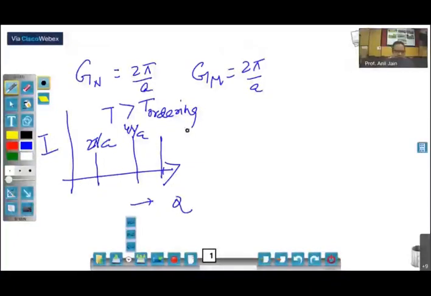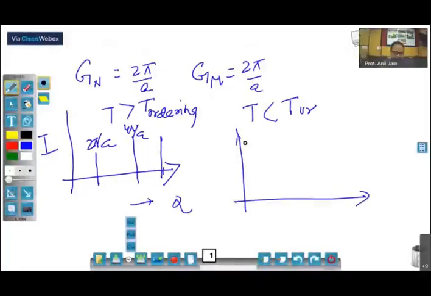Now suppose you do the experiment below this magnetic ordering temperature for the same sample. What you find is that now your magnetic reciprocal lattice vector is the same as the nuclear reciprocal lattice vector.